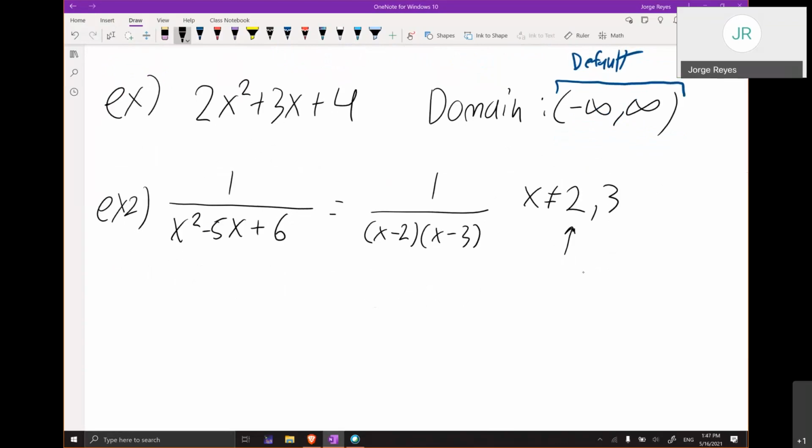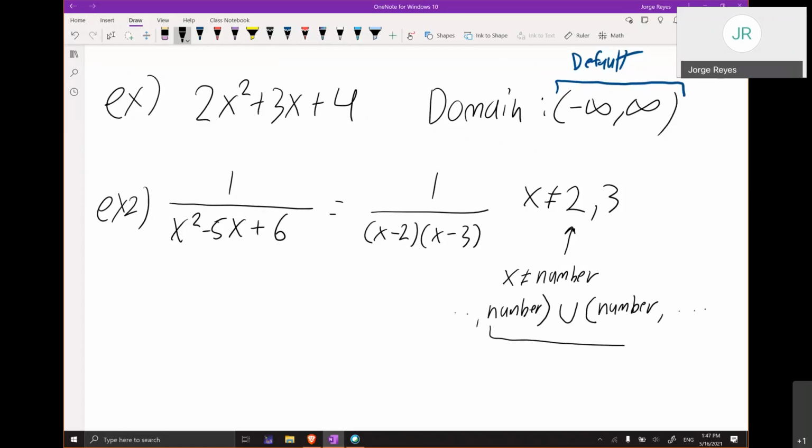How do you say x is not a number? In interval notation, that'll look like number, parenthesis, union, parenthesis, the same number, and then other stuff.